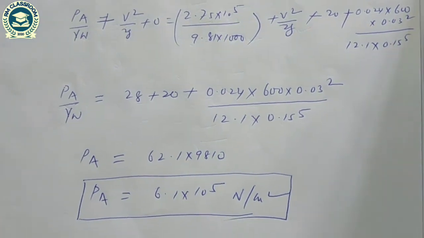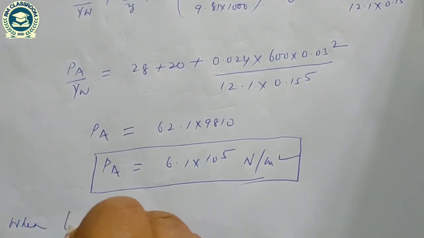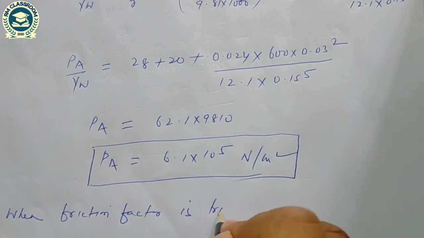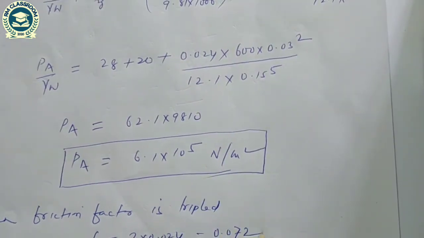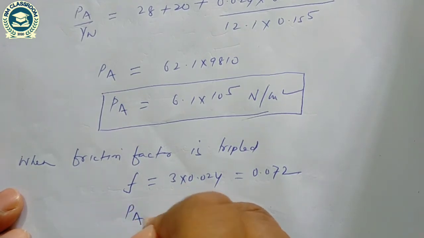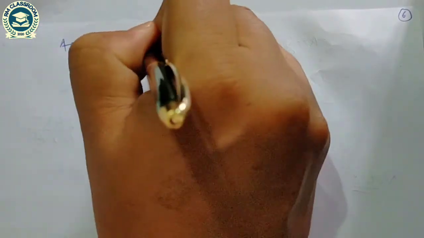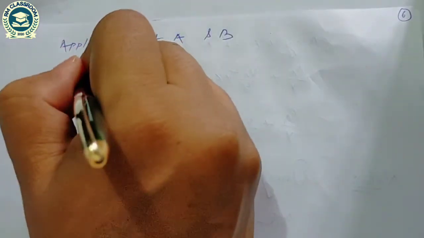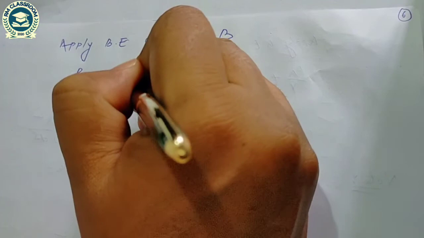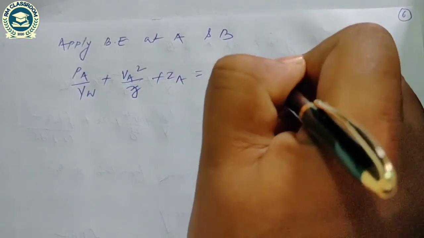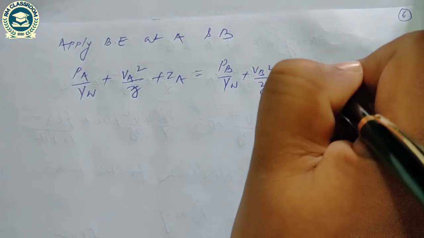In the second part, after 15 years, when the friction factor is tripled, F is equal to 3 times 0.024, which means the friction factor is 0.072, and at that time the pressure at A is equal to the pressure at B. Once again, if I apply the Bernoulli equation at A and B, we can write PA by gamma W plus VA square by 2G plus ZA is equal to PB by gamma W plus VB square by 2G plus ZB plus HF.